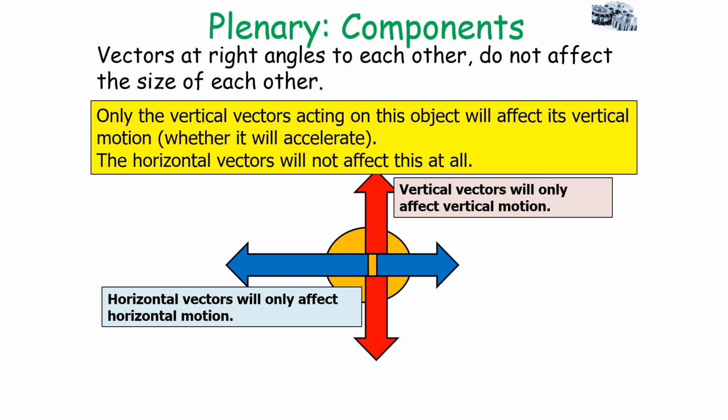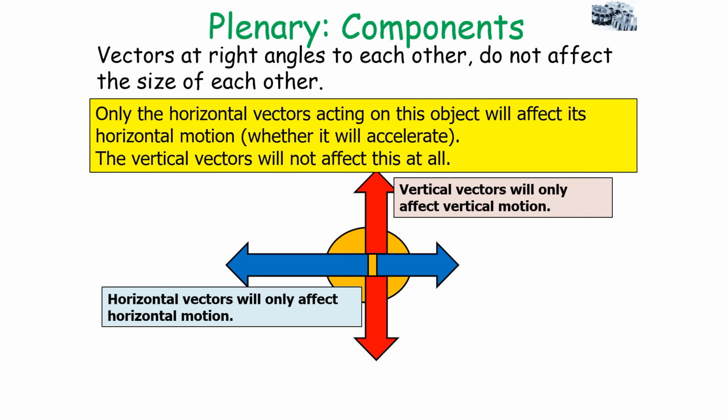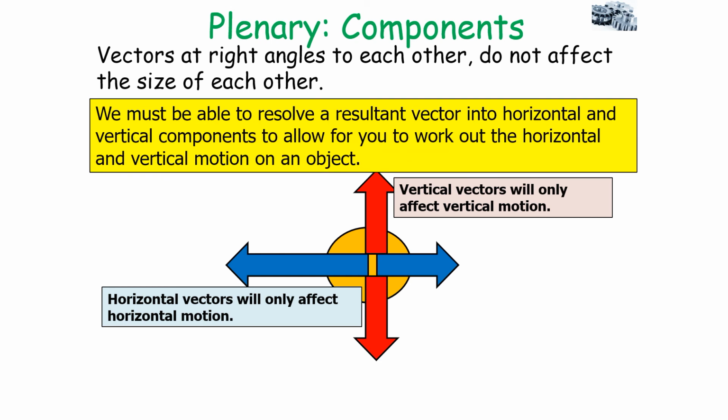So this tells us that only the vertical vectors acting on this object will affect its vertical motion, and the horizontal vectors will not affect this at all, and vice versa. So this is why we've got to resolve a resultant vector into horizontal and vertical components to allow you to work out the horizontal and vertical motion on an object.